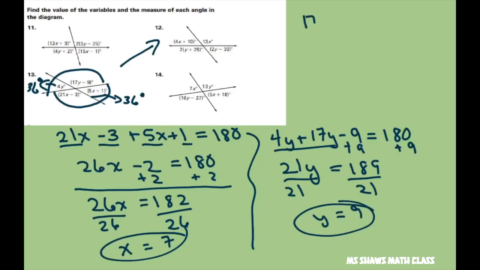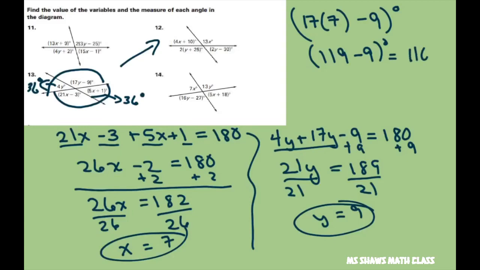So we have 17 times 7 minus 9 degrees. 17 times 7 is 119 minus 9 equals 110. So let's make sure I'm doing this right. Let's see if this works. Let me just do it again. 17. Oh, I did 17 times 7. All right. 17 times 9.